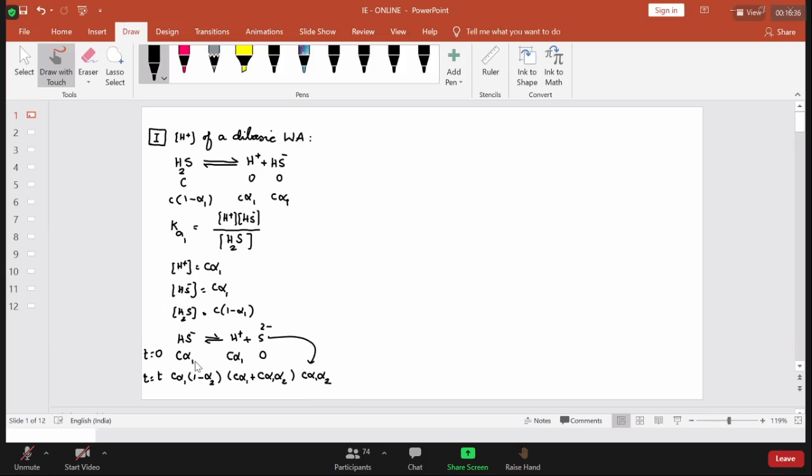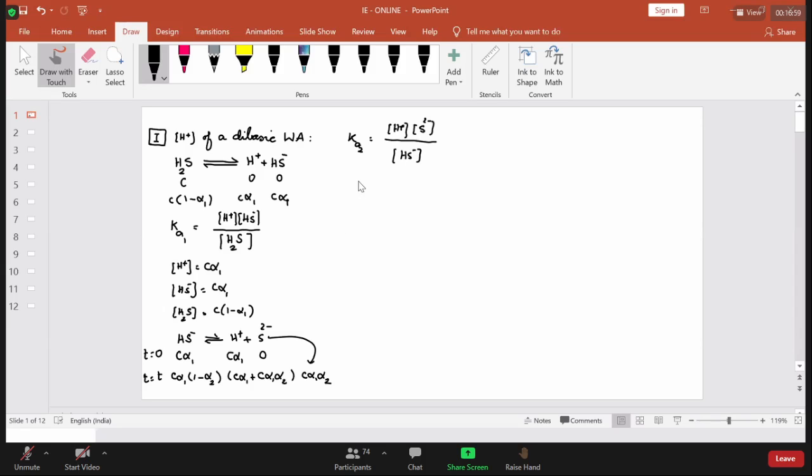This is the concentration available at the second stage of dissociation, and for that we write Ka2. What is Ka2? Very simple, sir. Ka2 is the concentration of H plus ion into the concentration of sulfide ion, divided by the concentration of HS minus.